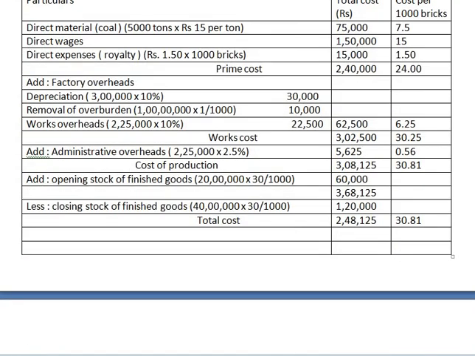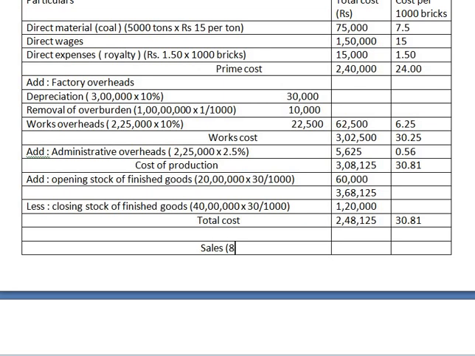Okay. Now next is sales. Now show the calculation in bracket. Now just go through the problem. Sales information they have given is bricks sold 80 lakhs at rupees 40 per thousand bricks. Okay.